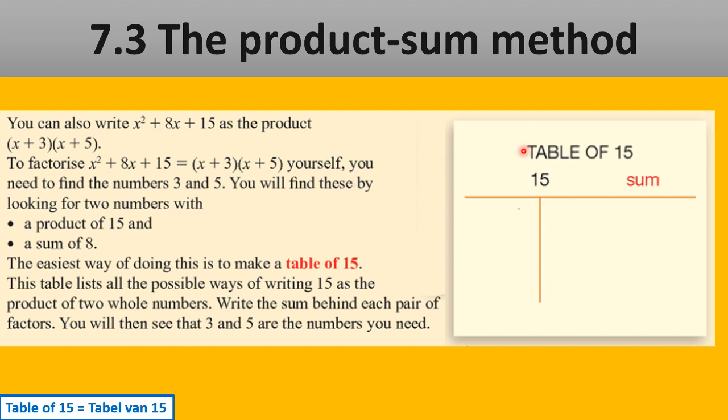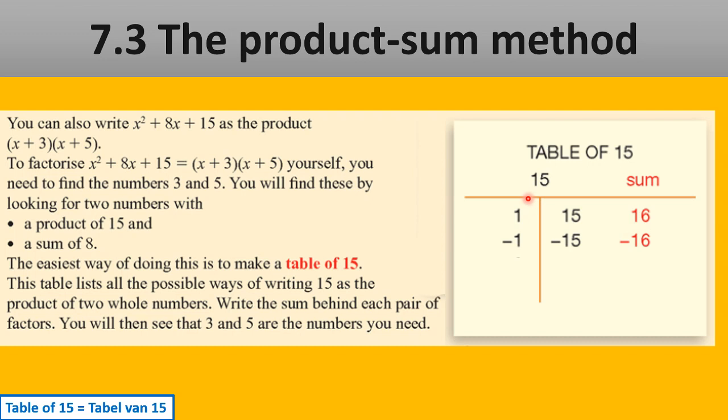Well, you start like this, table of 15, you have a T like here, they write down the 15 here. Sometimes I heard some of my Dutch students also call this a T-tabel, because this looks like a T, right? What you're going to do is find numbers of which the product is 15, and in the last column you're going to write down the sum of those numbers.